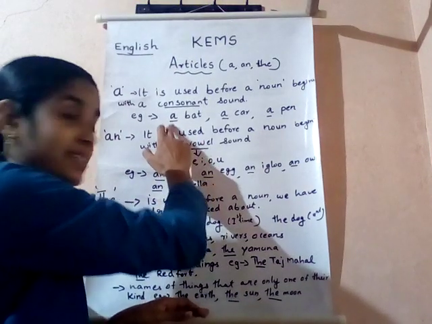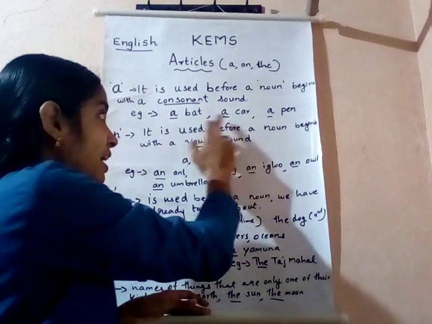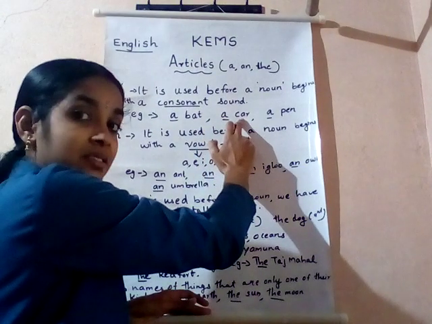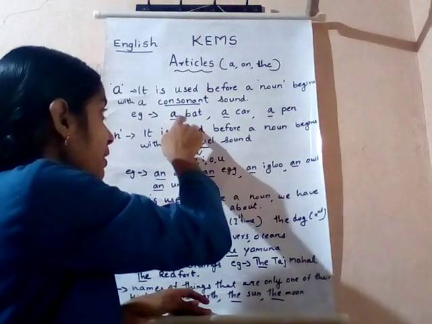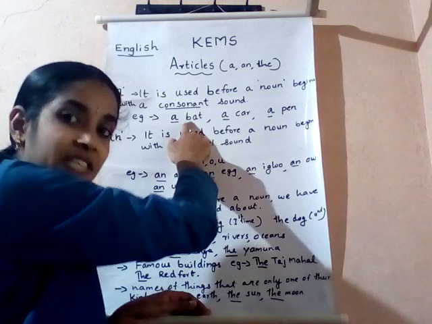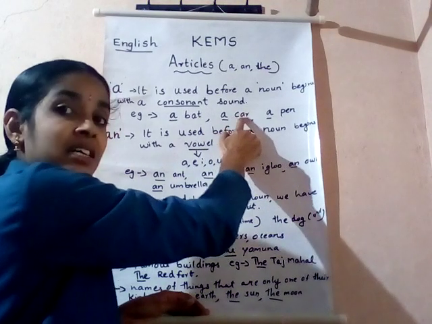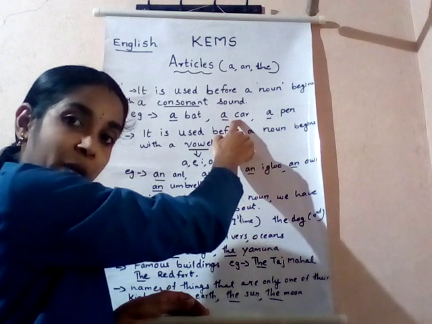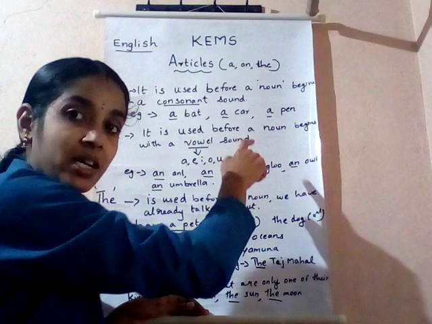Let's check some examples. A bat, a car, a pen. Here in bat the letter B is a consonant sound, in car the letter C is also a consonant sound, and the letter P is also a consonant sound.